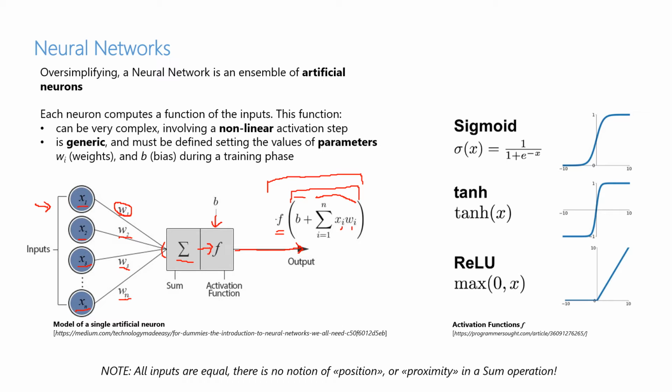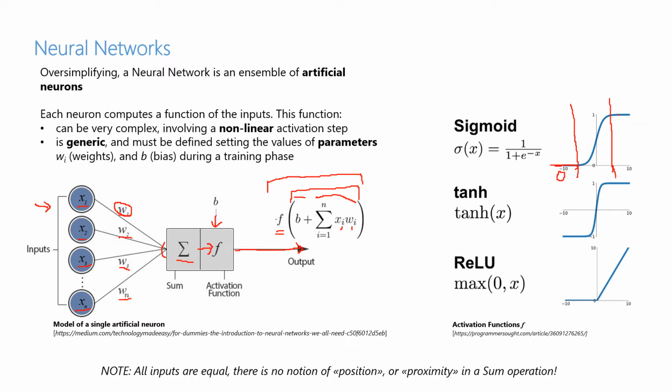For example, at the top we have the sigmoid, which is a function that has broadly three areas. For the one part, the value returned by this function is always 0.